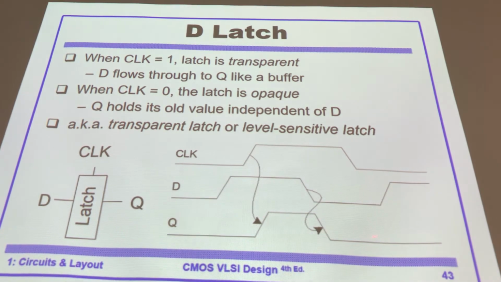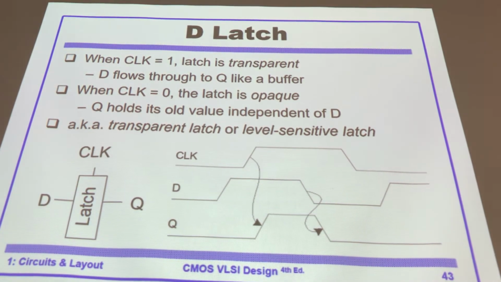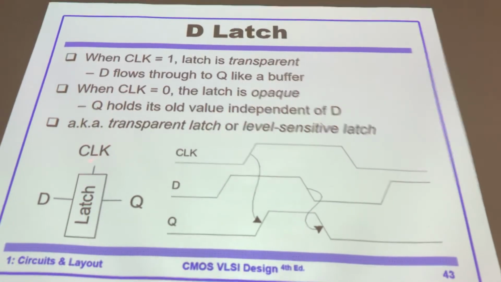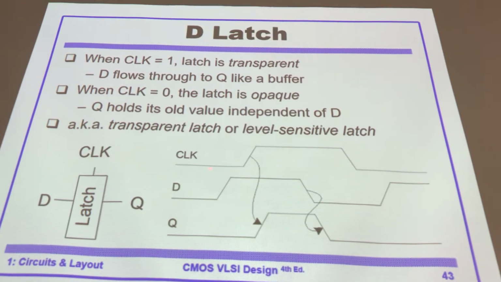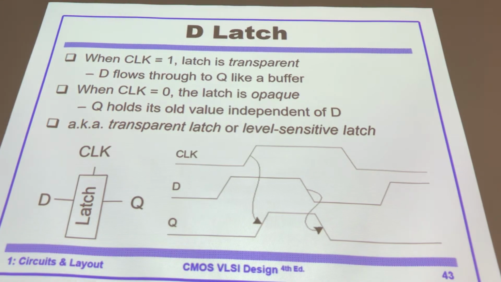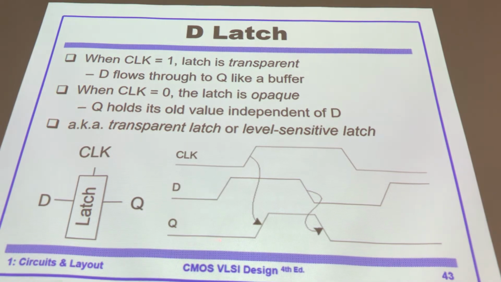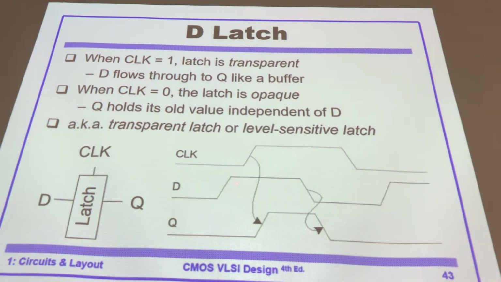Why is that? Let's say D latch, when the clock is high, when clock is low, it is low. When clock is low, the input cannot change the output. Assume the beginning value of Q output is 0. Although input goes high, it's not going to change the inside of the latch, right?